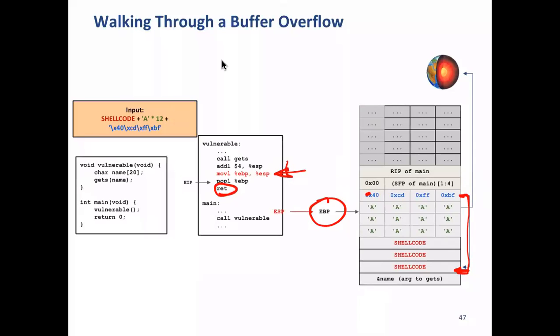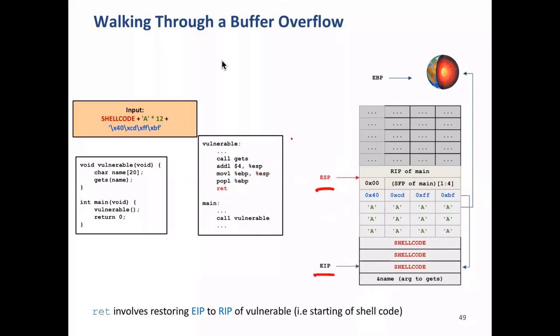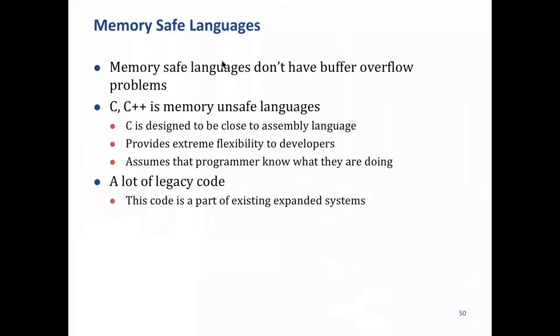Return means that now you load the old program counter, and as a result of that, this return instruction pointer will point to the beginning of the shell code. So that's it.